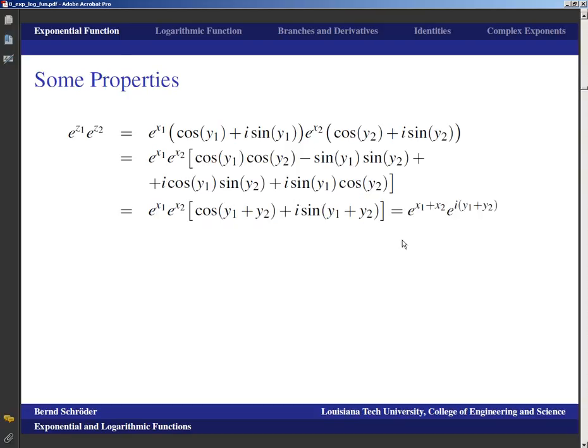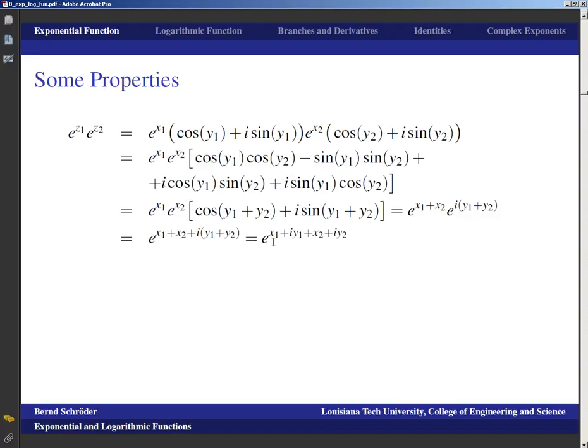And we realize that that's e to the x1 plus x2, because we're dealing just with real numbers here, so that's where we can apply the law, because we know it works for real numbers. And by the definition of e to the I phi, this part here is e to the I times y1 plus y2, and that's of course e to the x1 plus x2 plus I times y1 plus y2 by the definition of the complex exponential.